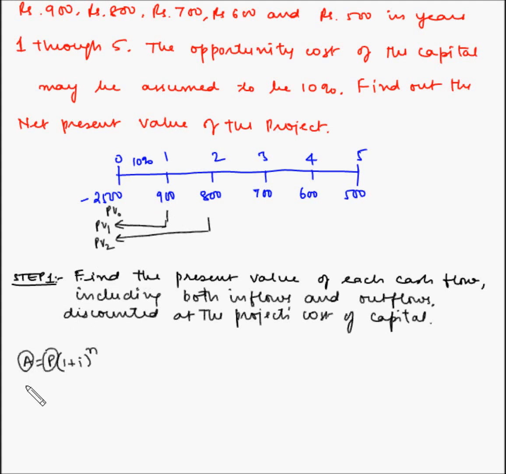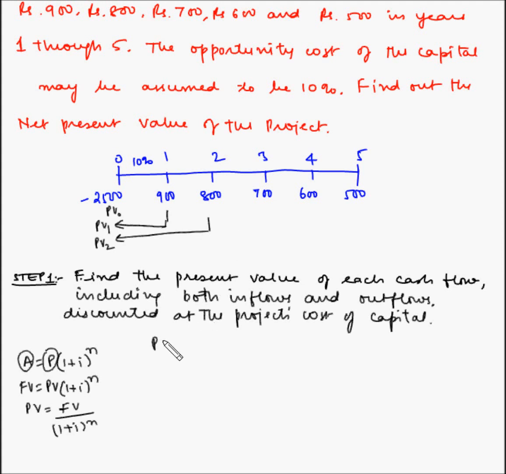So A can be written as future value, P can be written as present value into 1 plus I to the power n. So present value is equal to future value divided by 1 plus I to the power n. So now let's get back to the actual details of this problem.